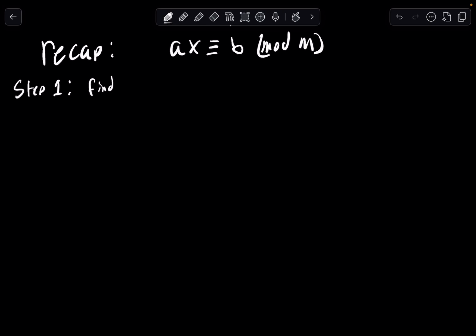Okay, let's do a quick recap and go over what we just learned. We just learned how to solve a linear congruence, and we went over the steps of how to do that. So let's go by step. Remember, see if there is a solution. Let's just say find the number of solutions.